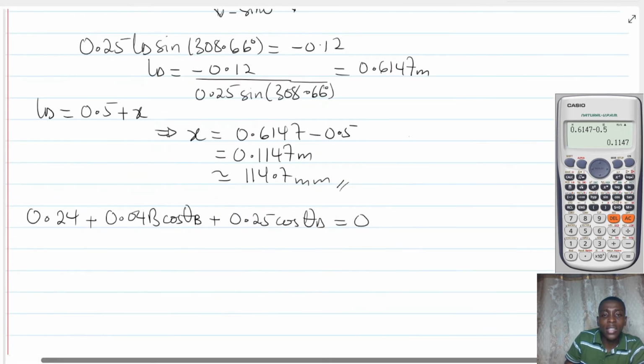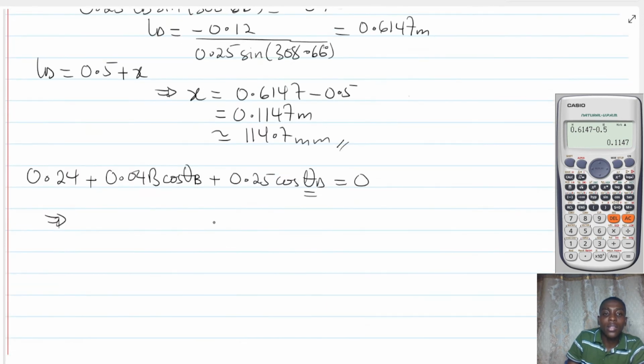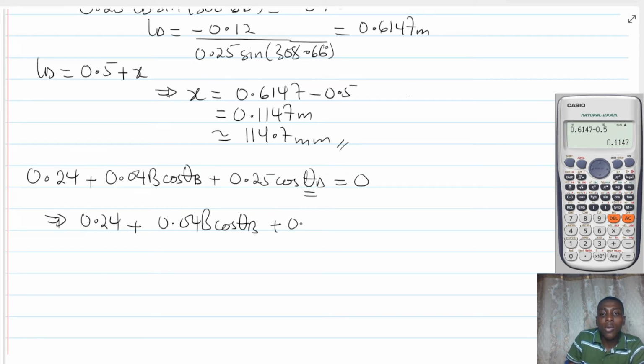Now, looking at this here, I know theta d. I just saw it. We said theta d is what? 308.66. So it means that 0.24 plus 0.04b cosine theta b plus 0.25 cosine 308.66 should be equal to 0.